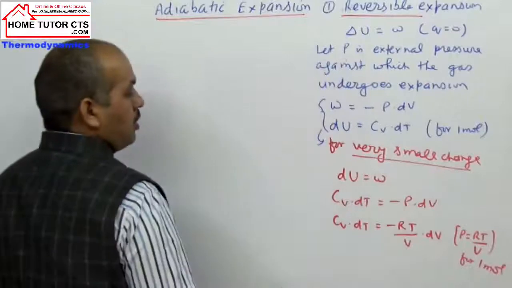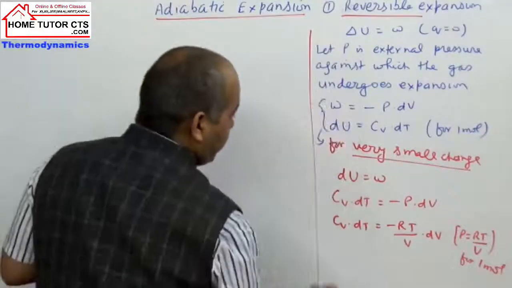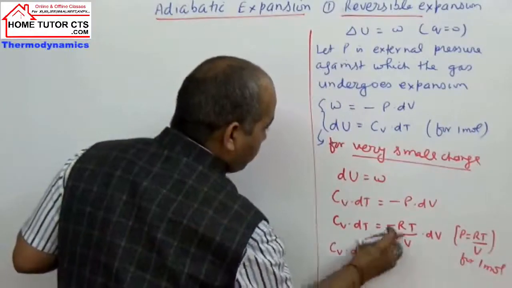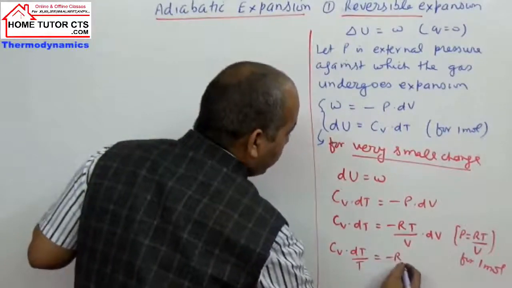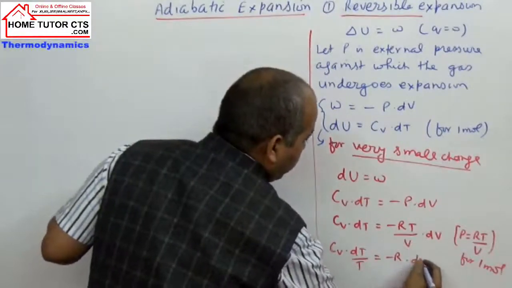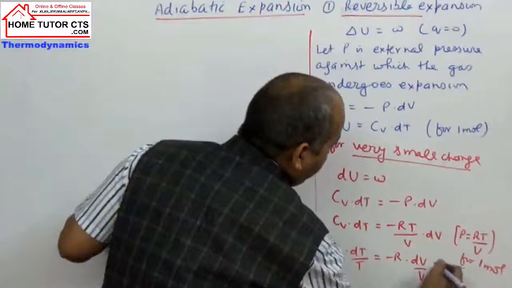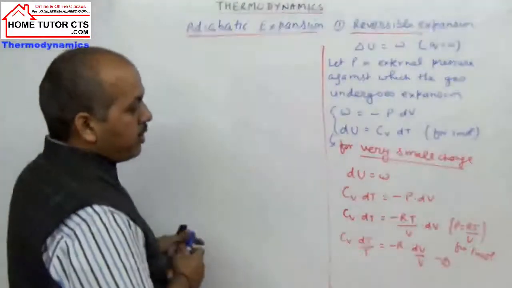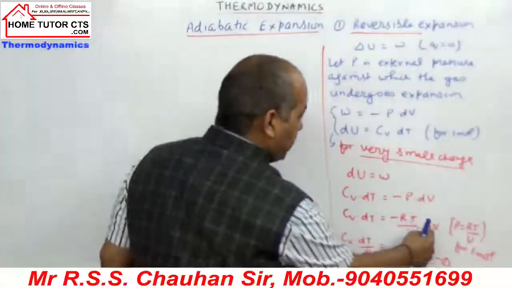This expression you can write as Cv dT by T is equal to minus R dV by V. Let's say equation number 1.